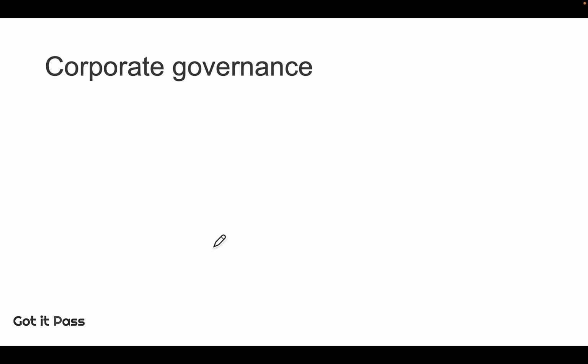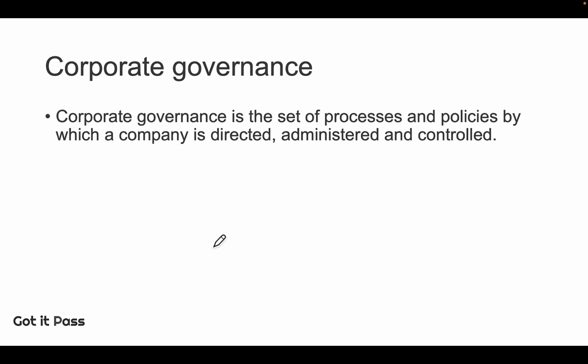We have discussed the agency problem, and we'll follow with the discussion on corporate governance. Corporate governance is the set of processes and policies. Sometimes people think corporate governance is boring stuff, because it's about the processes and policies by which a company is directed, administrated, and controlled.